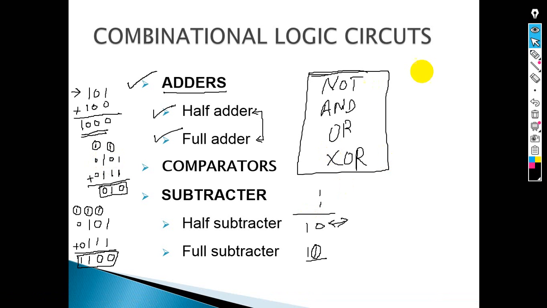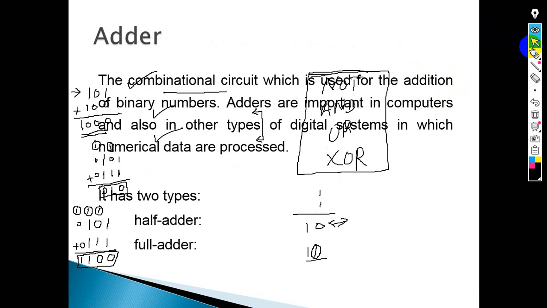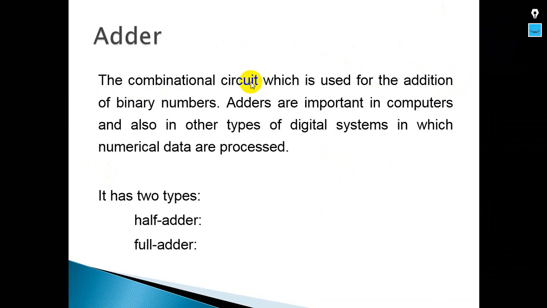Now what do we have in the slides about the adder, half adder and full adder. Look at this here: the combinational circuit which is used for the addition of binary numbers. Adders are important in computers and also in other types of digital systems in which numerical data are processed.